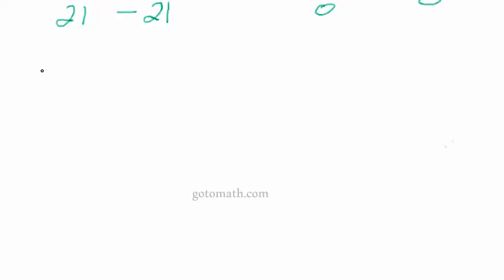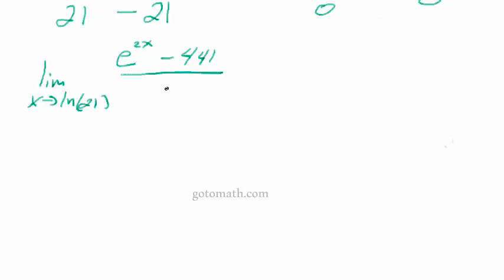So what I'm going to do is go ahead and rewrite the limit as x approaches the natural log of 21 of e to the 2x minus 441, over e to the x minus 21.